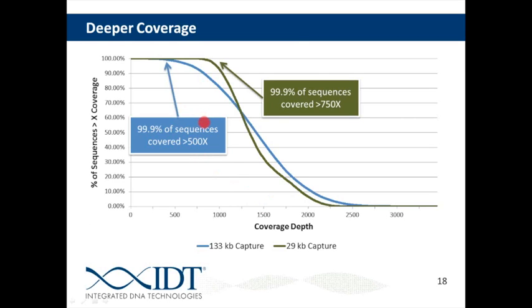This is enough coverage to detect rare variants with an allele frequency of 5% with high reliability. The 29 kb capture has 99.9% of sequences covered at greater than 750x. So it's amazing that you can achieve such a high level of coverage with a capture panel that is so small.